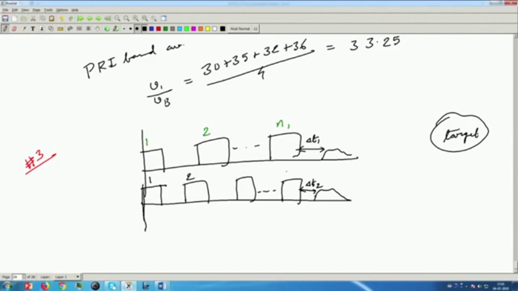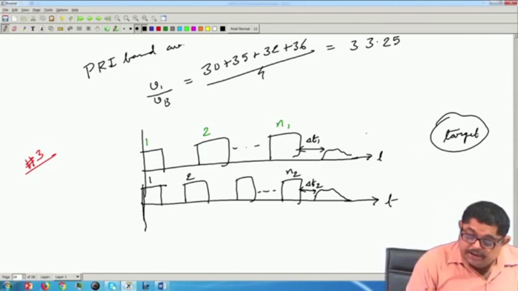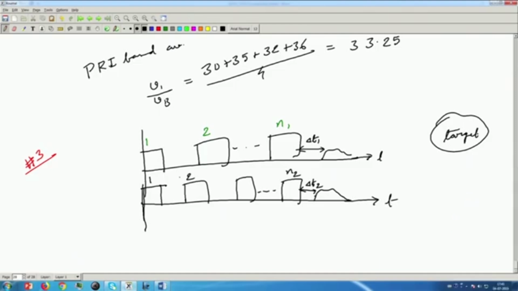So, last one is here, let us say N2. So, these are all with time. So, what I can always say that in reality the echo is coming same. In the first case, let us say after transmission of N1 pulses I am getting, and this time is important.